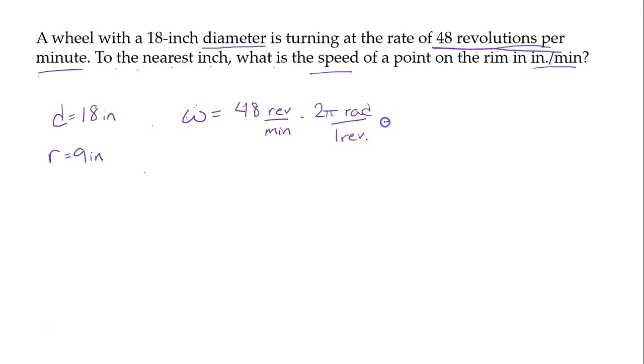Okay? So all of that ends up equaling 96 pi radians. So this is our angular speed right here. So anytime, like I said, you're given revolutions per whatever, multiply it by 2 pi radians, and you've got your radians per whatever time measurement you're given.